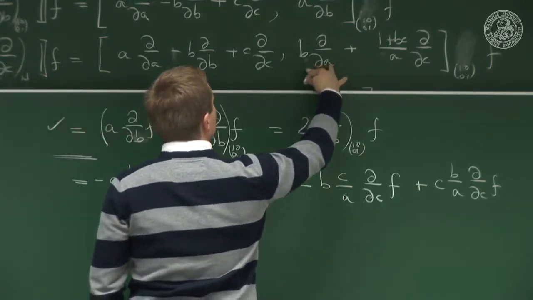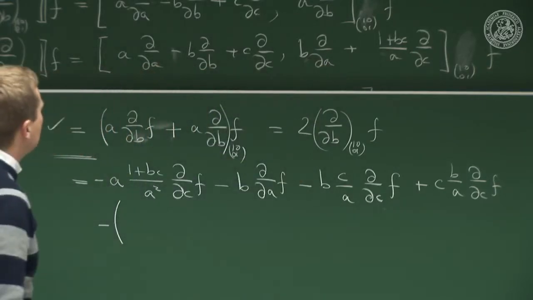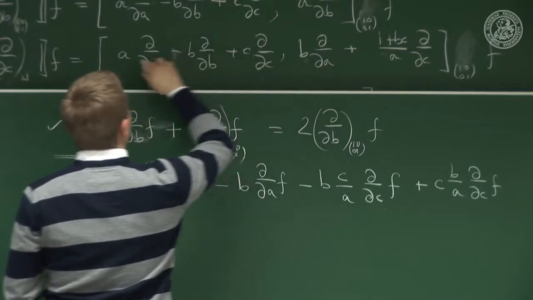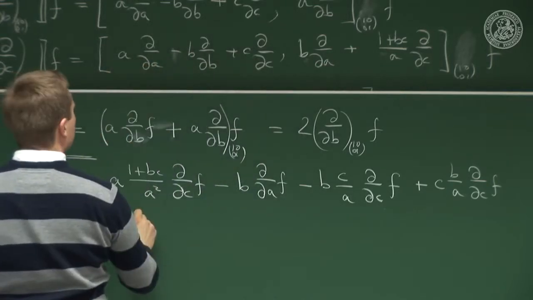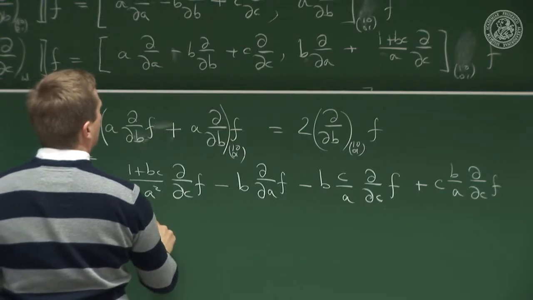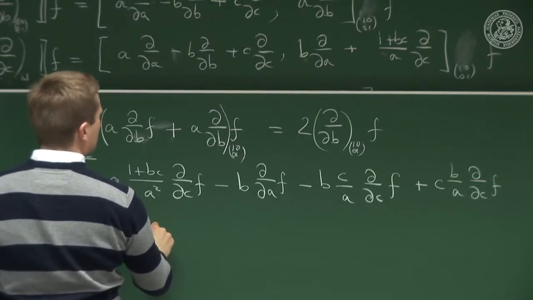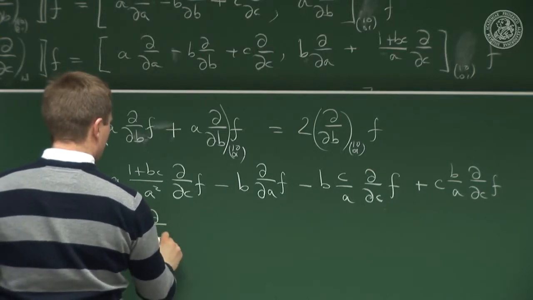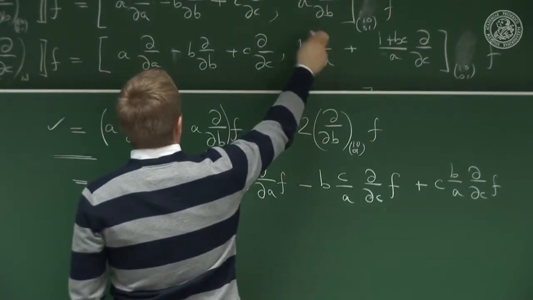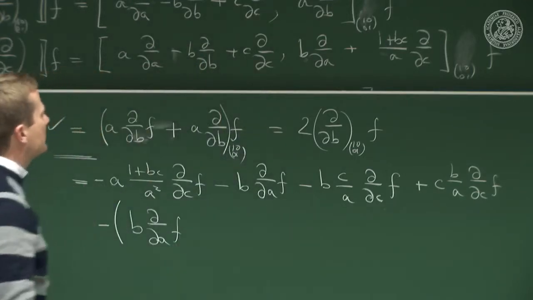So now this one, let's have it act on each of these. So b d by dA can non-trivially act only on this guy. So you get a b times 1 times d by dA f. So here the a goes, and that's the dA from here. That's right.